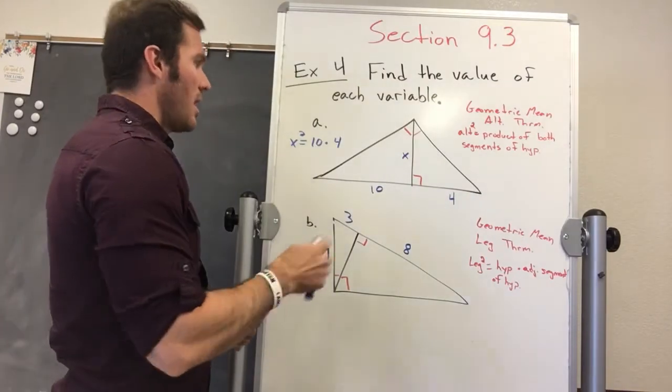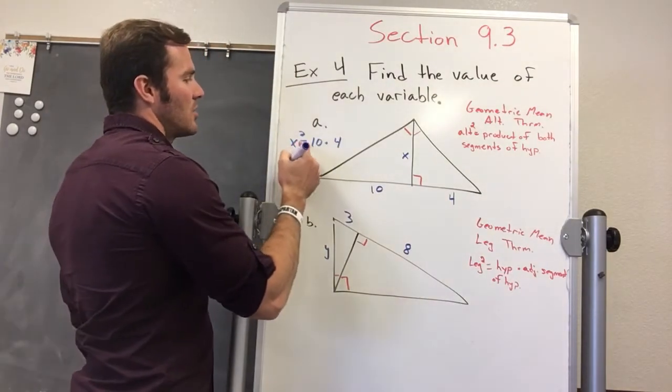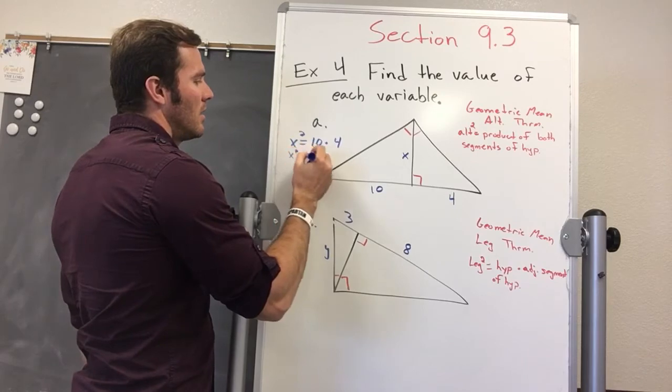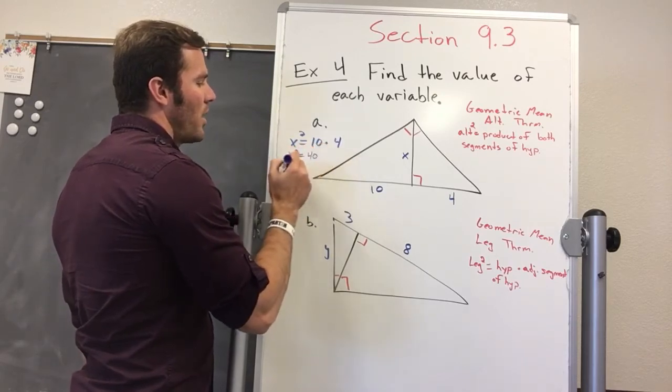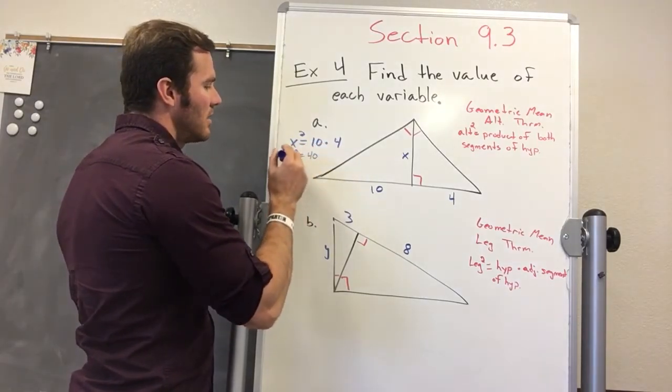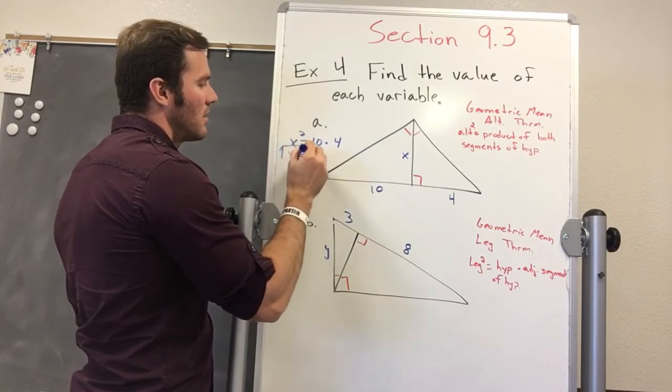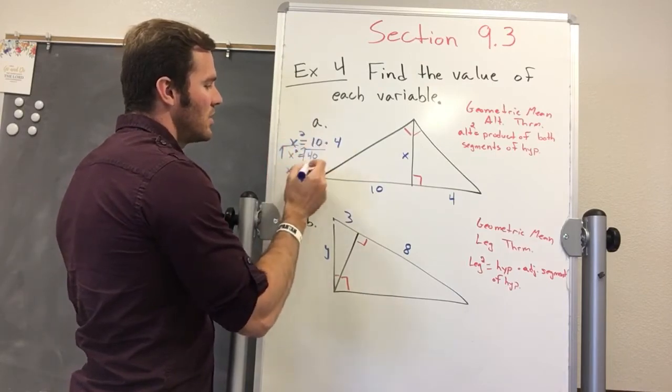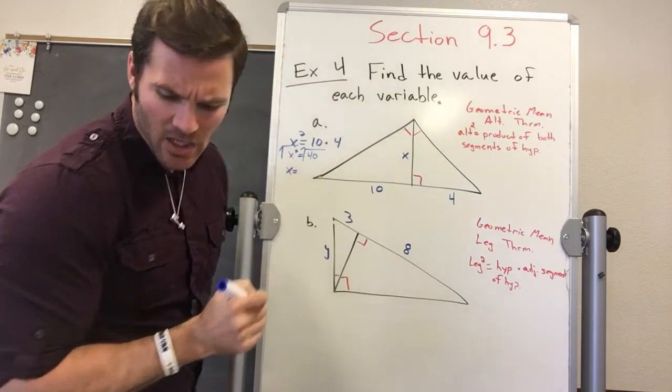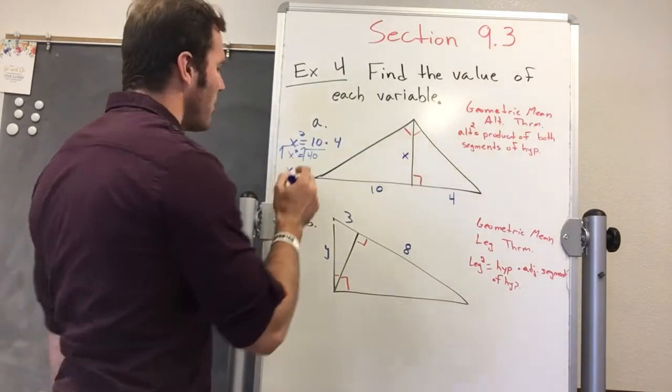Okay. And so now I have x squared equals 40. The square root of that, x equals square root of 40. Do I need to break that down? Probably.